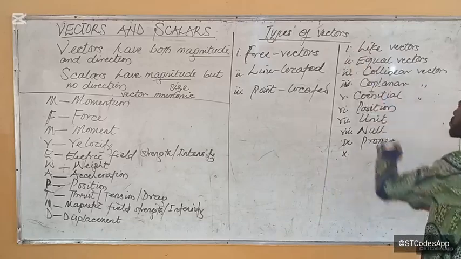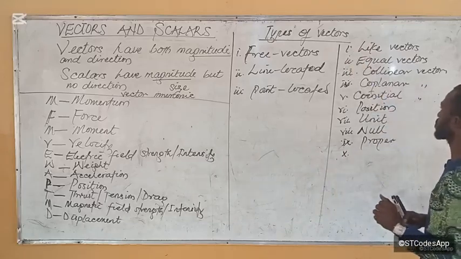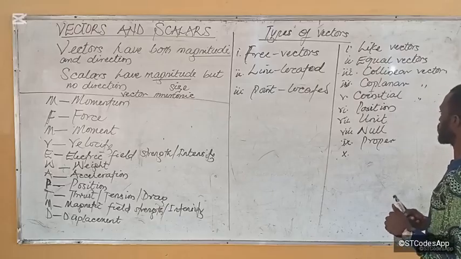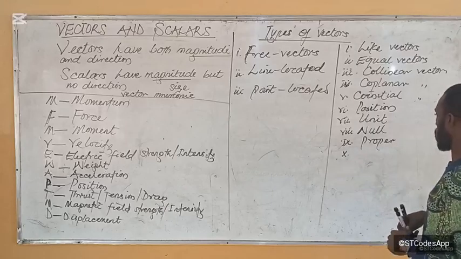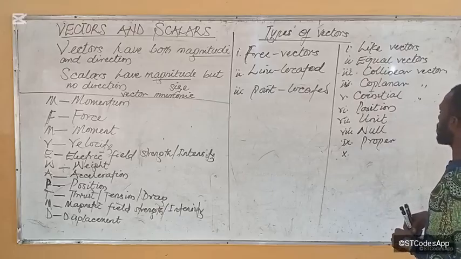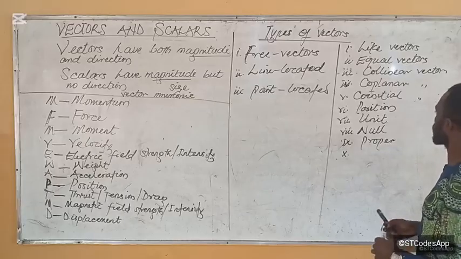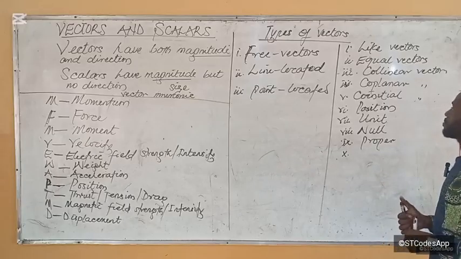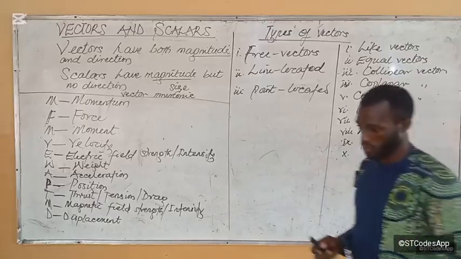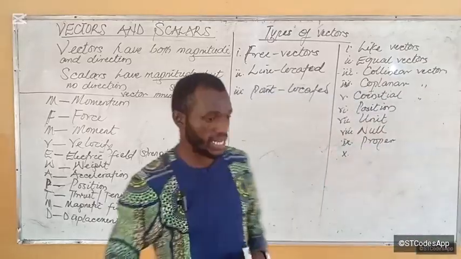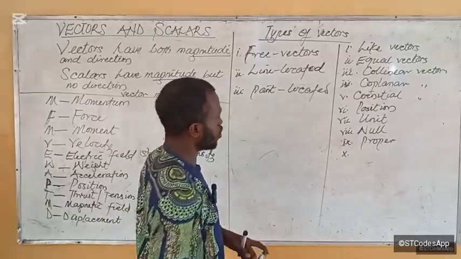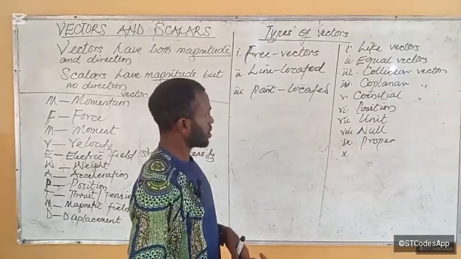Like vectors, equal vectors, null vector, unit vector, position vector, proper vector, coplanar, non-coplanar vectors.